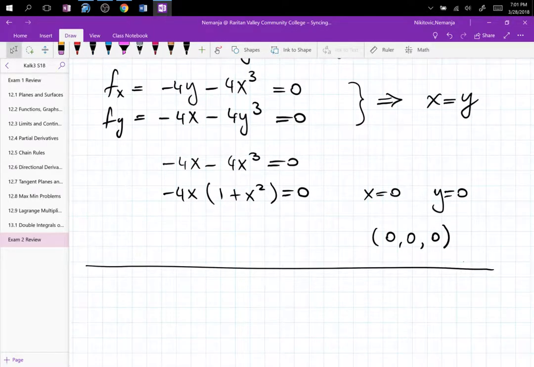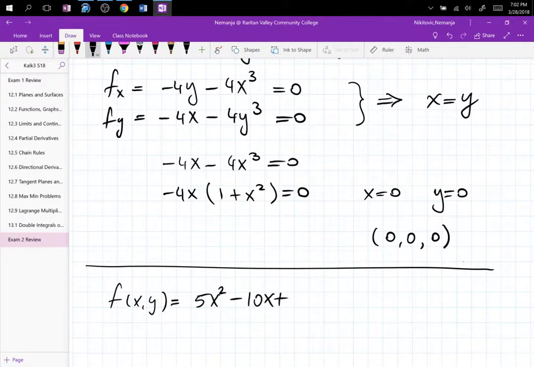Another problem, in this case, for absolute min and max. Now, we don't get to do only this. We actually have to also look at the edge of the problem. So we have f of xy given as 5x squared minus 10x plus 7y squared plus 9.